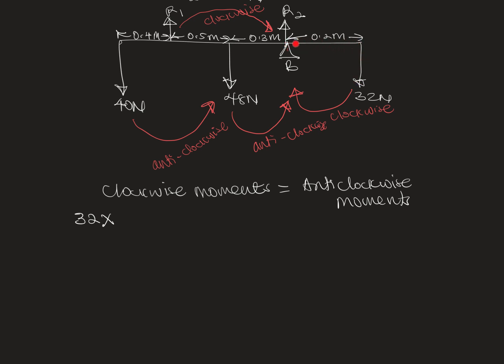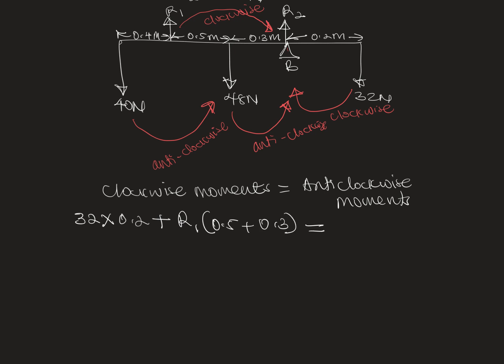The 32 newton is 0.2 meters, plus the other clockwise moment, which is the R1. The perpendicular distance from the pivot of consideration will be 0.5 plus 0.3. So that will be R1 into 0.5 plus 0.3.